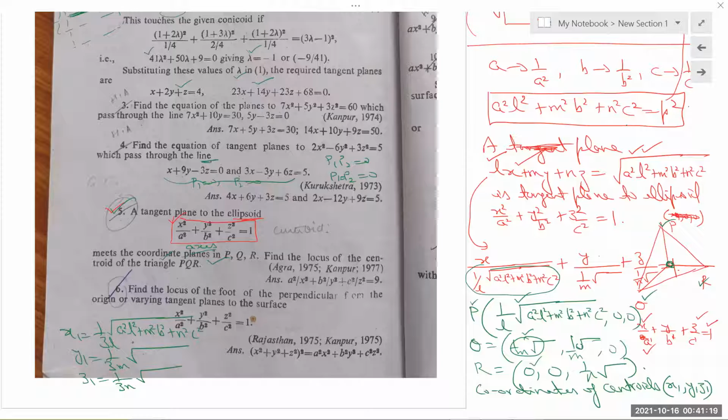So actually we need to replace l, m, n, because if you look at your question, a, b, c are known terms. So finally our answer should be in a, b, c.